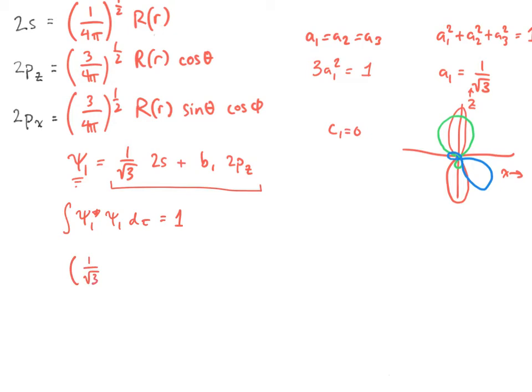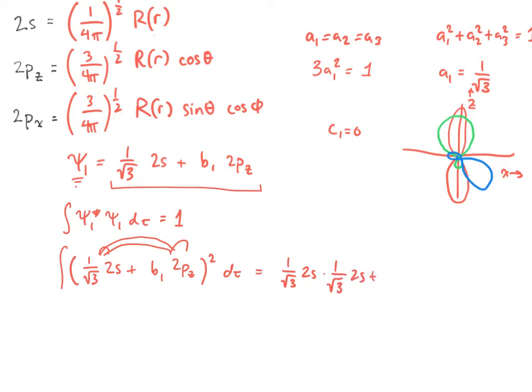So I'll get 1 over square root of 3 2s plus b1 2pz, and then square this, integrating over d tau. So then I'm going to FOIL this. I'll get this times itself, and then this times this, and then this times this, and then this times itself. Once I do FOIL, I'm going to get 1 over the square root of 3 times the 2s orbital times 1 over square root of 3 times the 2s orbital, plus 1 over square root of 3 times b1, 2s times the 2pz orbital.